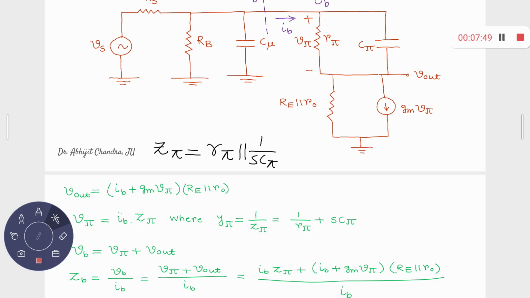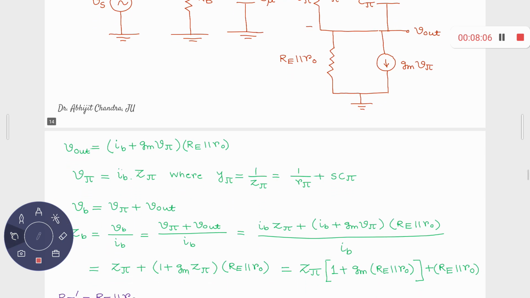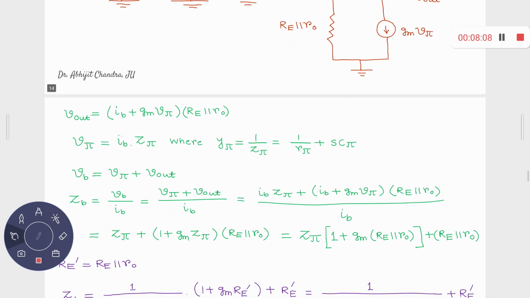And VB and V pi are also related. So how can I write VB and V pi? This voltage is VB over there. So this is basically V pi plus V out, right? So VB is equal to V pi plus V out. So then what I can observe: ZB, as you know, is nothing but VB upon IB.